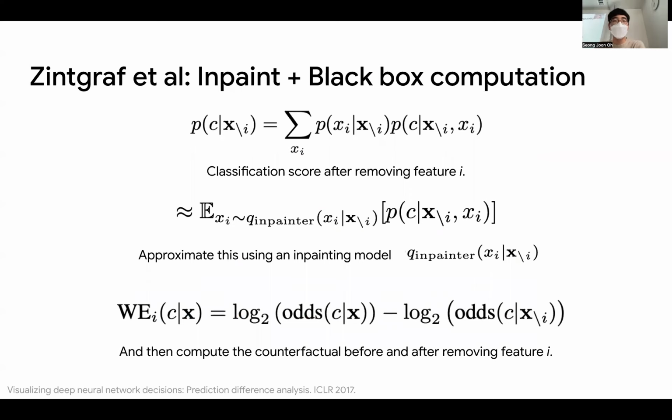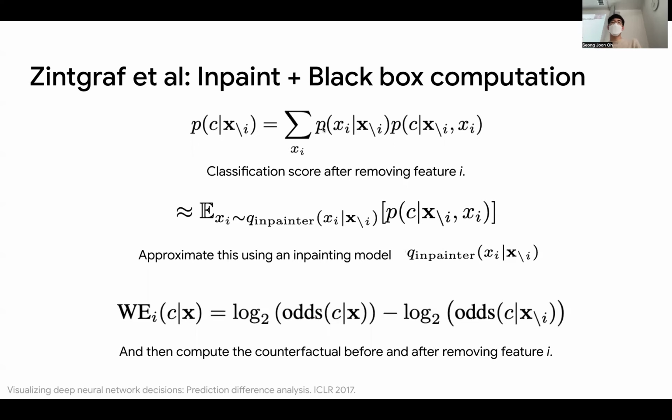So what they do is measure the missingness by imputation. What I mean by that is, this is the quantity that we are interested in: what is going to be the response of the network when we remove pixel i, let's say? This backslash i means an image without pixel i, or feature i.